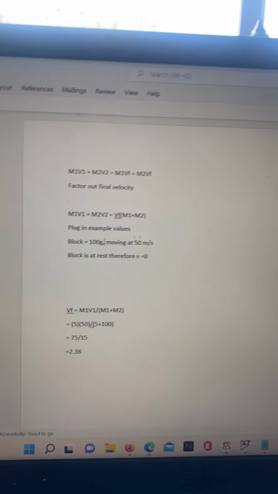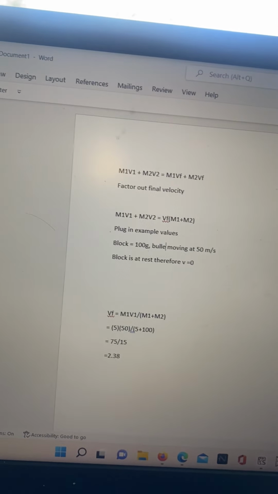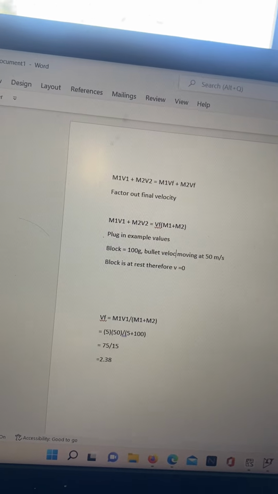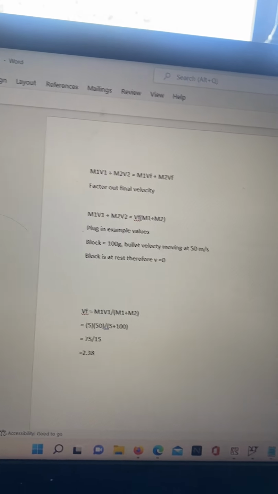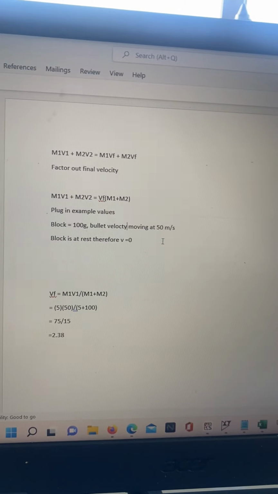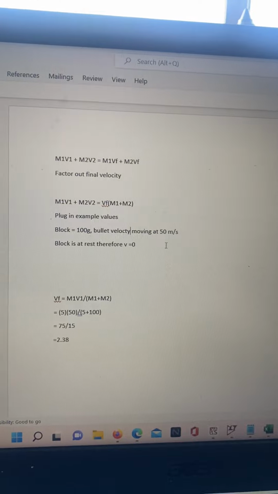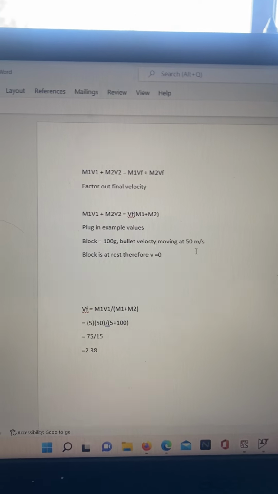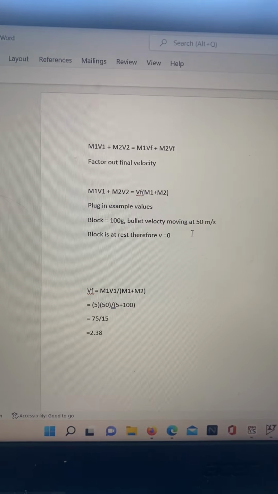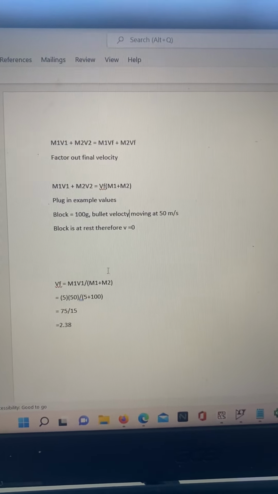Then we have the bullet's velocity, and we're going to have it moving at 50 meters per second, which is pretty fast. I think a 40 caliber is like 47, if memory serves, but I'm not 100% positive. Anyway, the block's at rest, so it's 0. Nothing to do there.